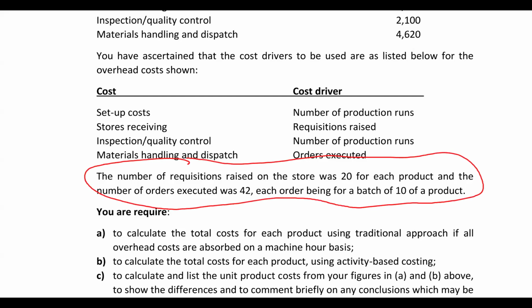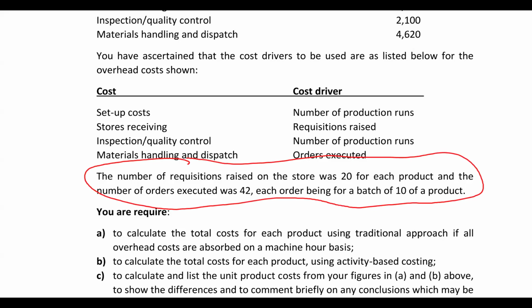It is saying that the number of requisitions raised on the stores was 20 for each product. How many products do we have? There are 4 products. So it's 4 times 20, but in total we have 80 requisitions. So I have to indicate 80.